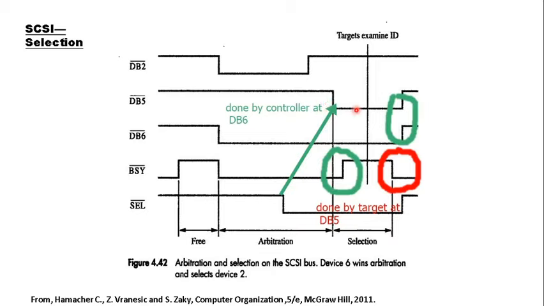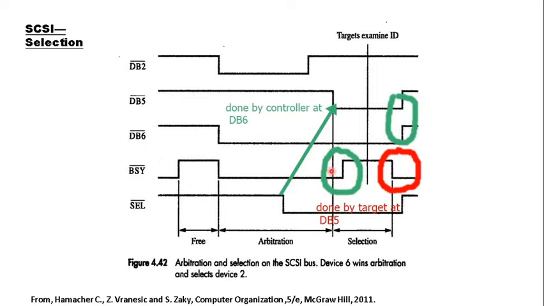Note that DB5 is turned on by DB6, not by DB5. So these are the main things: select is turned on, and DB5, the partner's address, is turned on by DB6. At the same time, our main SCSI controller, the initiator, will turn off the BC line.